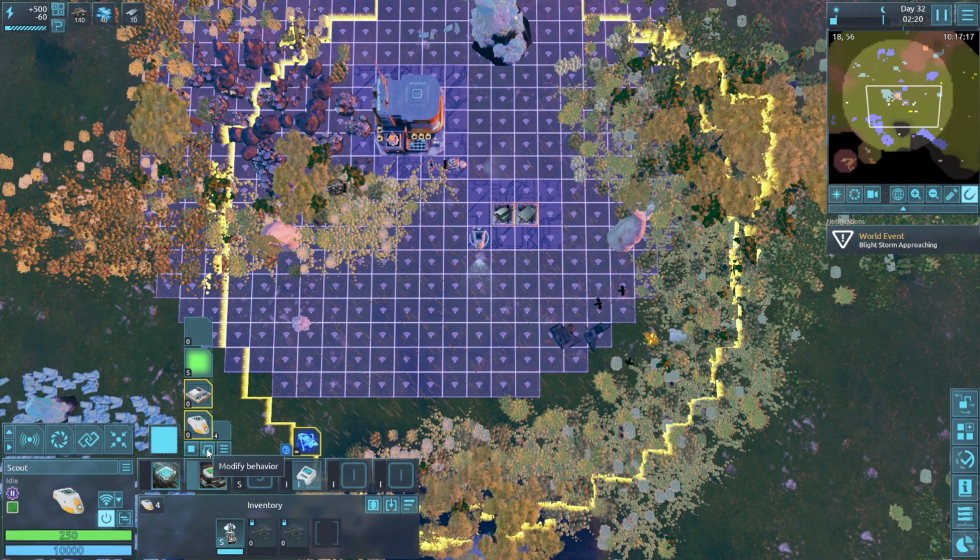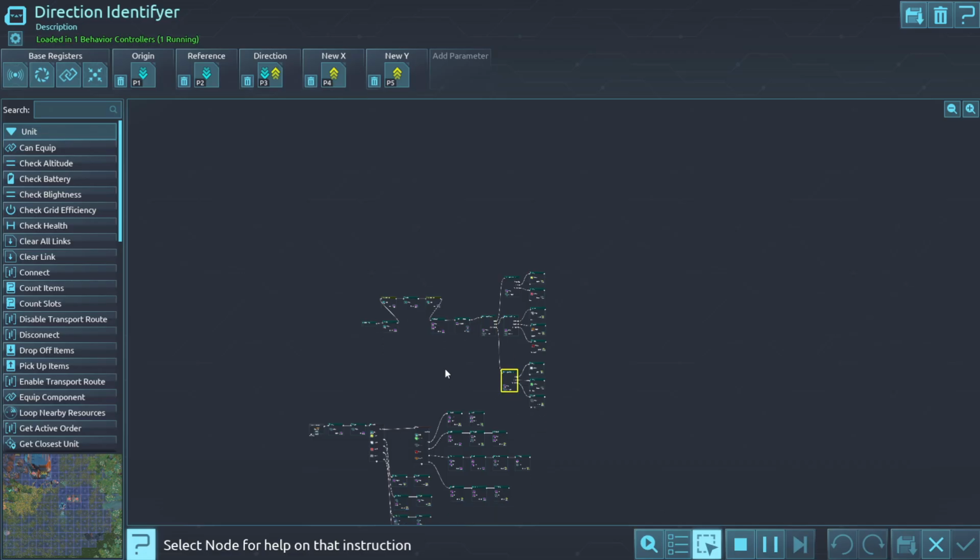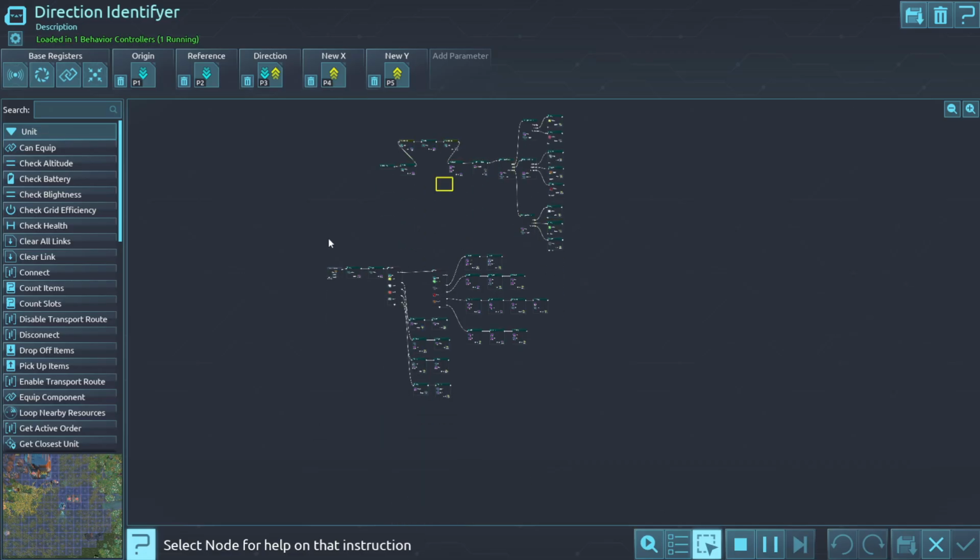So let's take a quick little look in here. I actually have two completely separate behaviors inside of this. This is my use case example right here. And then this is actually the directional identifier behavior.